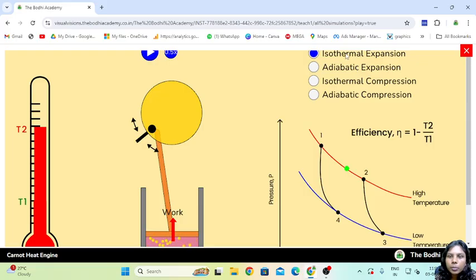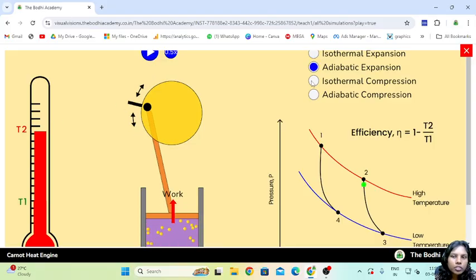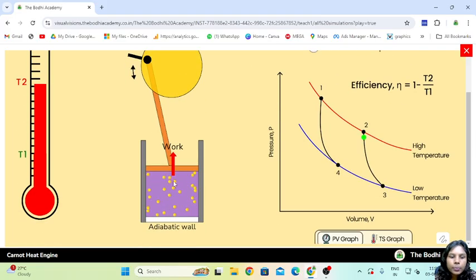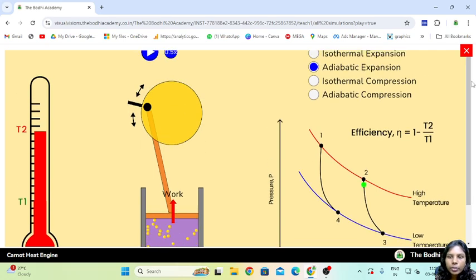In isothermal expansion, we know that the temperature remains constant. So here we see that there is no change in temperature occurring, and also we can see that there is expansion happening in this system. So the work is done on the system here.